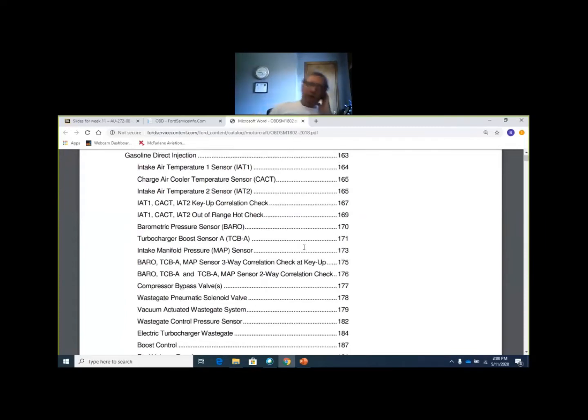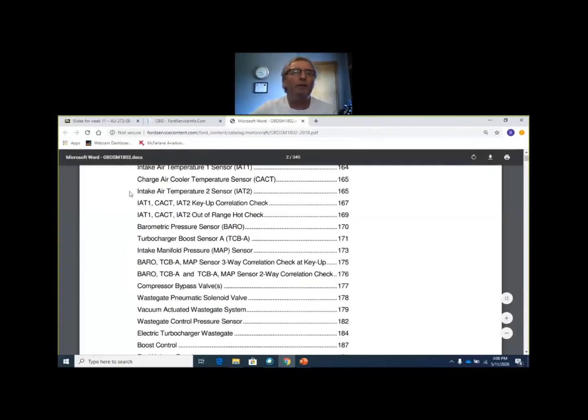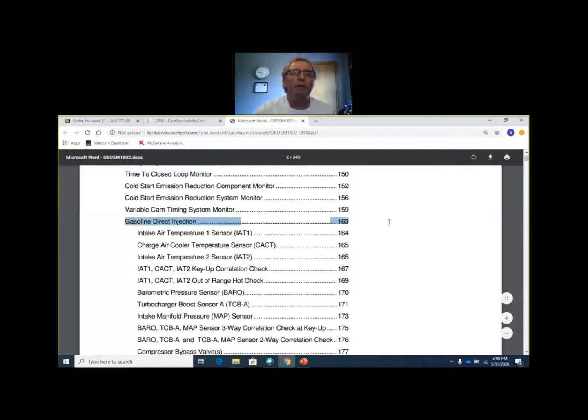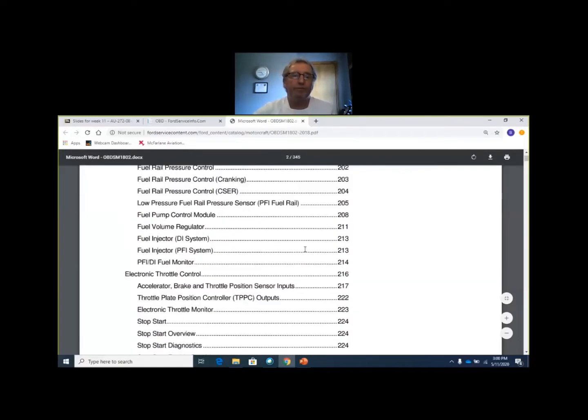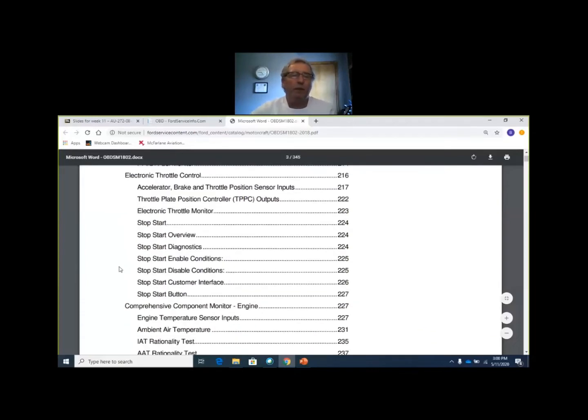And there's no way that we can cover every single monitor that's available on every single engine that Ford put out in the 2018 model year, and that's just one model year. We certainly can't cover everything that's ever been done from 96 to present. So I have to pick things that are relatively common, things that are out there on pretty much every car. There are a lot of gasoline direct injection vehicles out there, and there may be some different things there too. So I just can't talk about every single thing.